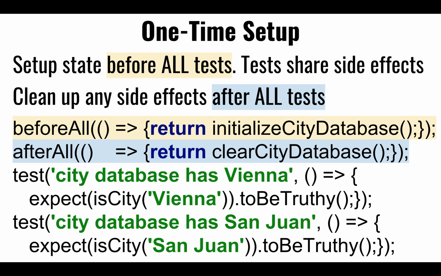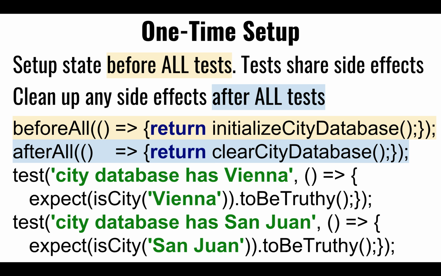So we're setting up maybe some huge JSON object that we're loading only once, very expensive, and after we've loaded it, all the tests run. So for instance, here we have two tests that are validating that the two cities of San Juan and Vienna are both in this database that we just loaded. Are they in the database? Yes, they're in the database.